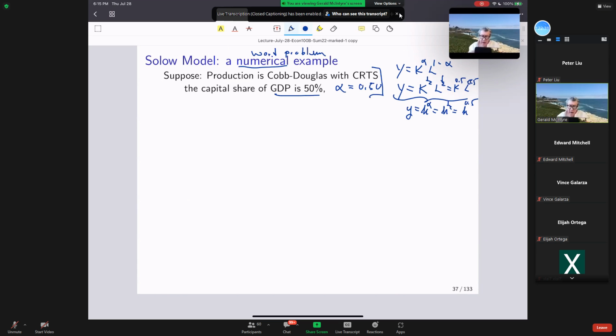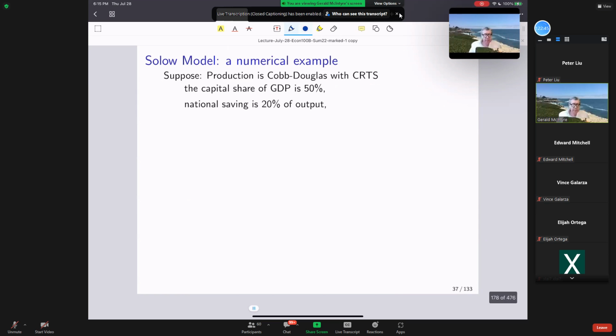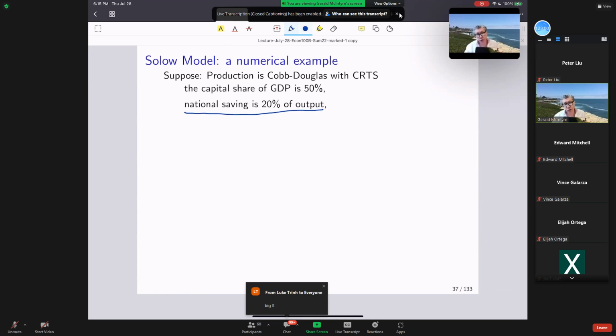Each of these steps will be in words, and you turn this into mathematics. The next part, national savings is 20% of output. What letter is being described here? It's national savings as a percent, not big S, small s, is 20%. Small s is equal to 0.20.